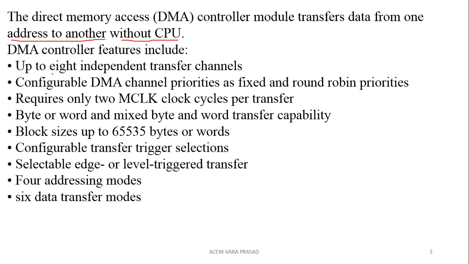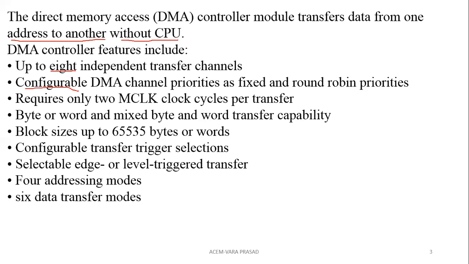Independent means you can access any channel, not depending on one channel or another. Here we have 8 depending upon the microcontroller, but in our microcontroller only 3 independent channels are available.